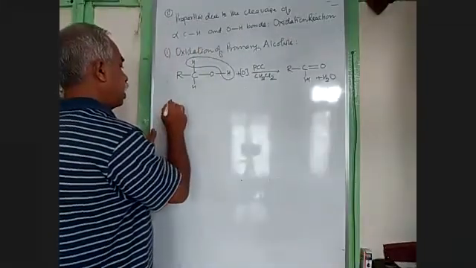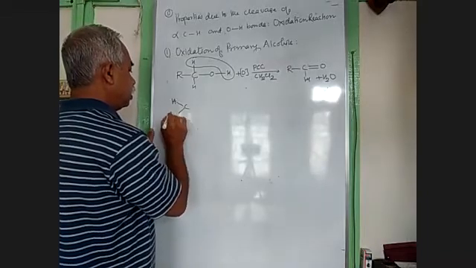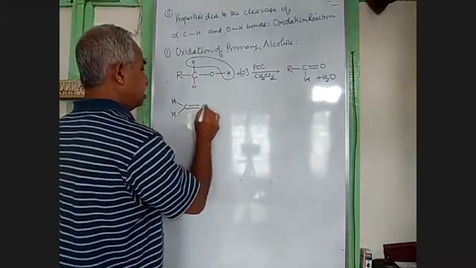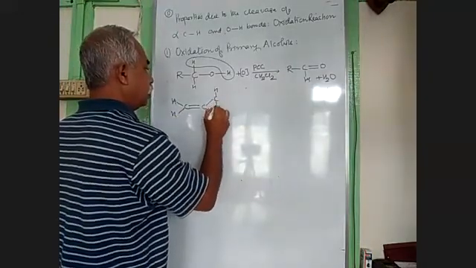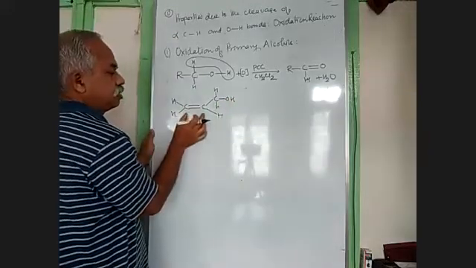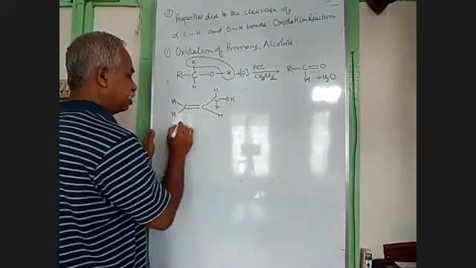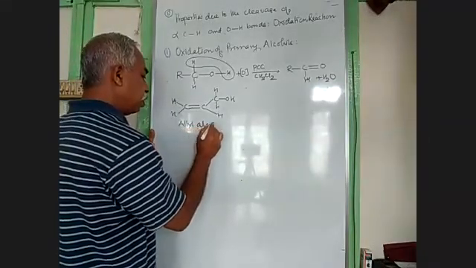Suppose I have taken here, see, you know, two carbons are called vinyl, this is called allyl. So this molecule is called allyl alcohol.